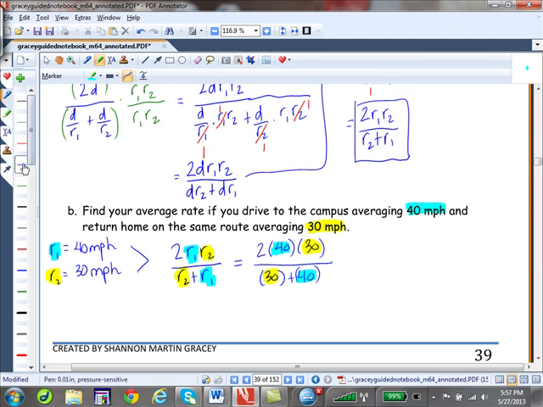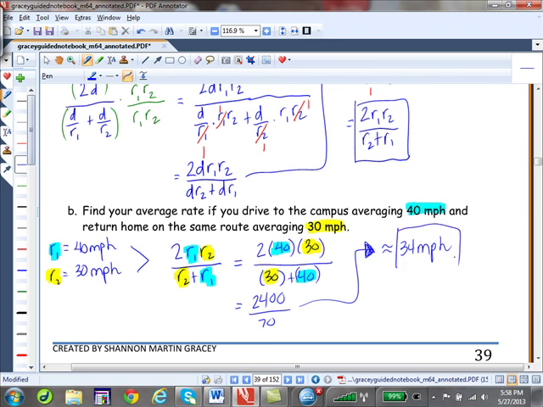And then when we simplify, we'll get, let's see, 2 times 40 times 30 is 2400 over 70. And it makes sense to approximate this, so just make sure you put the wavy equal sign and you end up getting approximately 34 miles per hour.